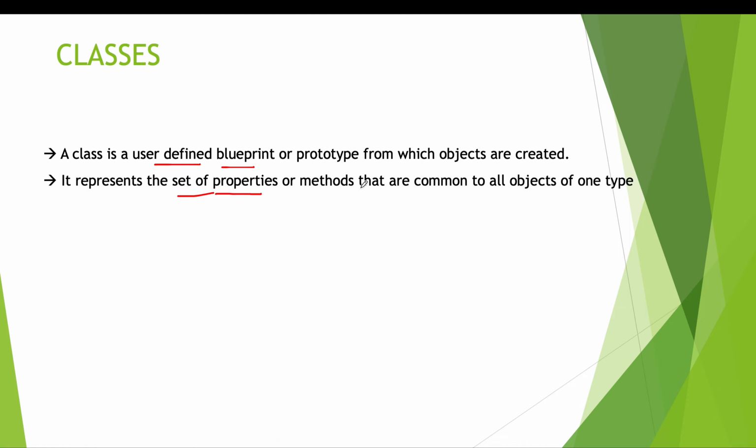So whether we are talking about Bhavin, Ronit, or Parab, there are going to be some properties which are going to be for each object of class men. All of them will be having some height, they will be having some weight, they know how to walk, they know how to talk. So these are the functionalities which are going to be common for all the objects of class men.